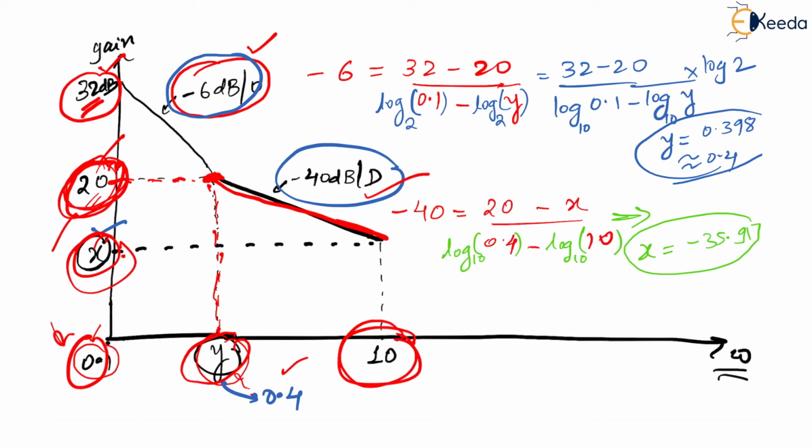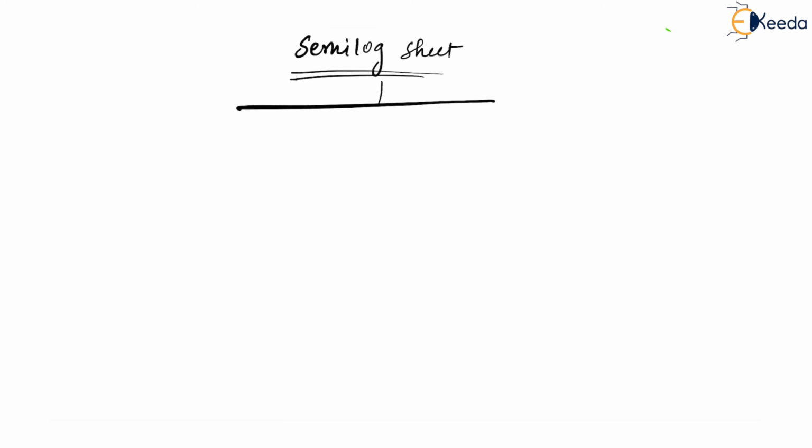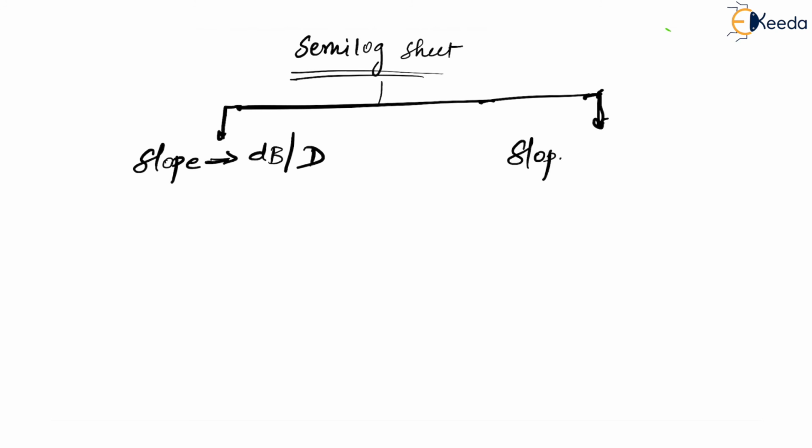Now, I will try to summarize it. If we check out, we have seen that we use a semi-log sheet. On that, I can have two types of slopes. One slope is in dB per decade and another slope is in dB per octave.